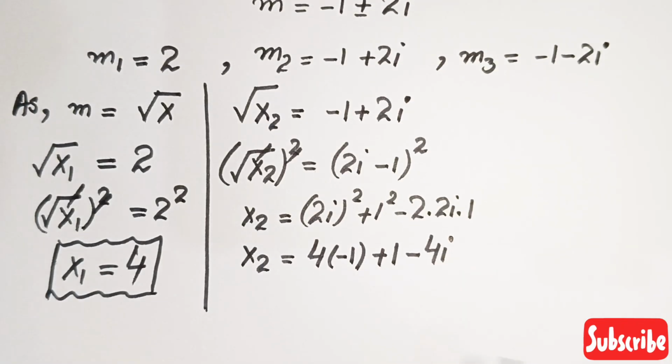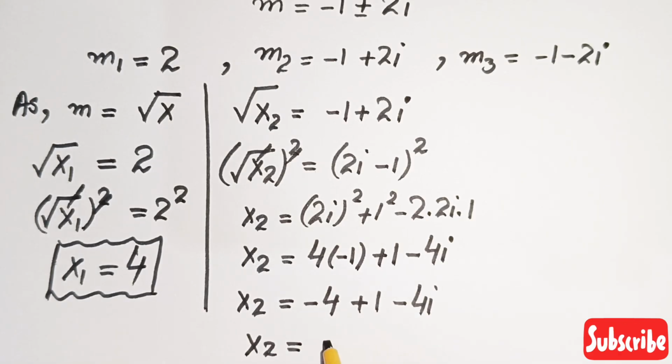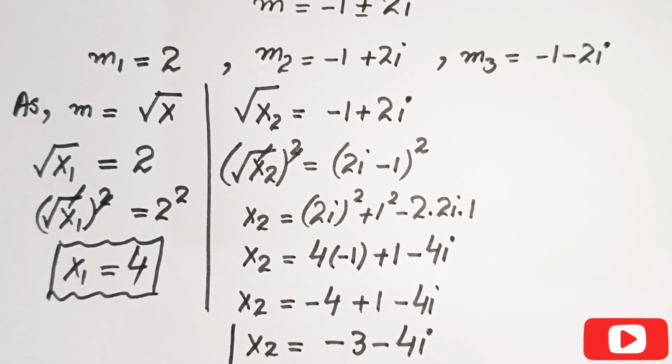Here x2 is equal to minus 4 plus 1 minus 4i. So x2 is equal to minus 3 minus 4i. It is our value of x2.